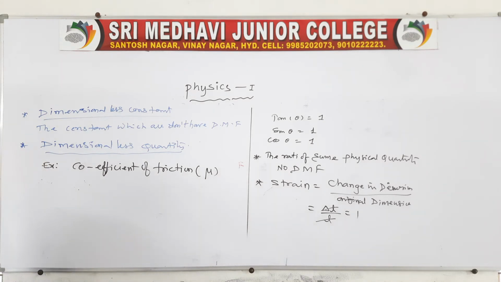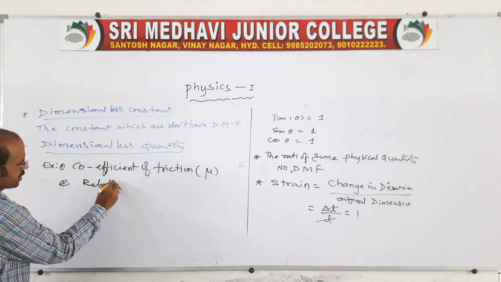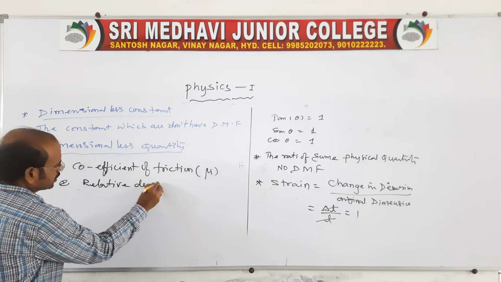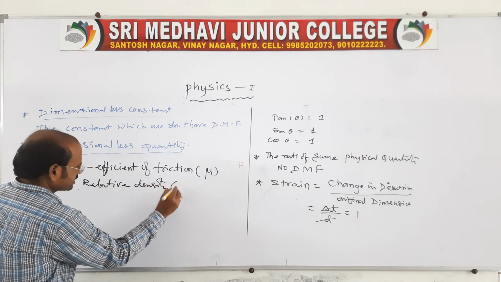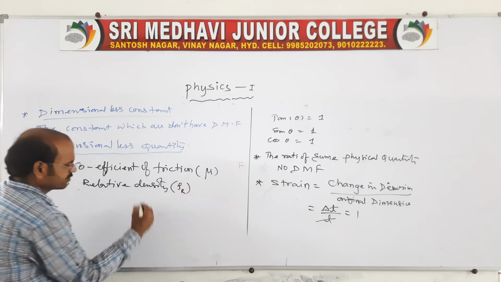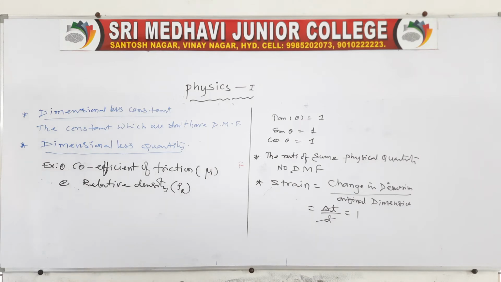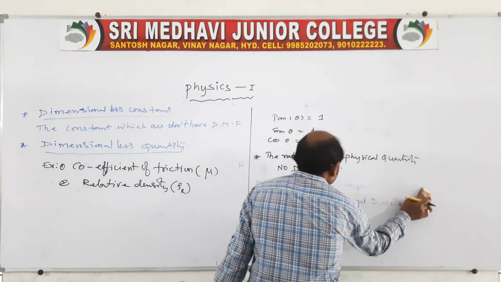Next example, relative density, rho r, also has no dimensional formula. Next we can say coefficient of restitution, Poisson's ratio, and so on. These are the dimensionless physical quantities.